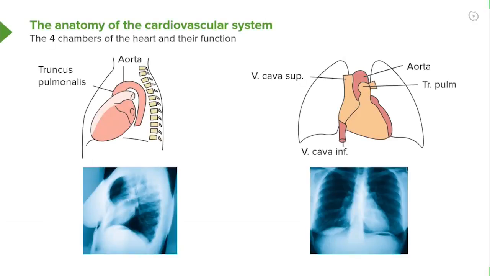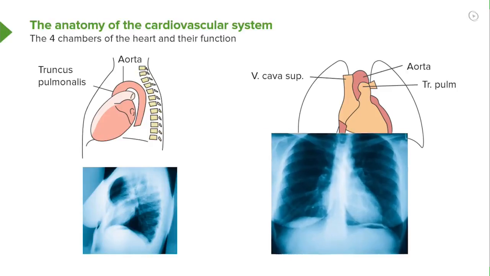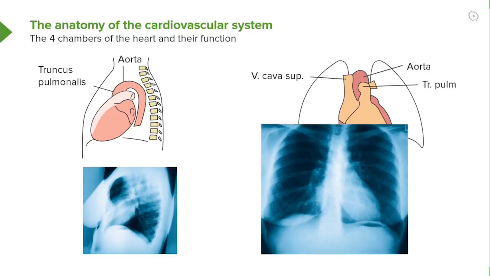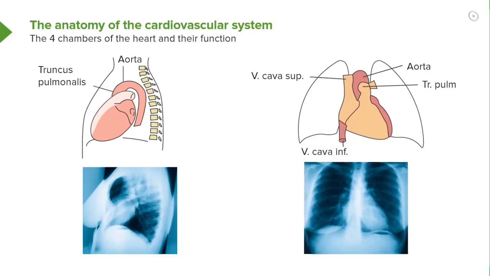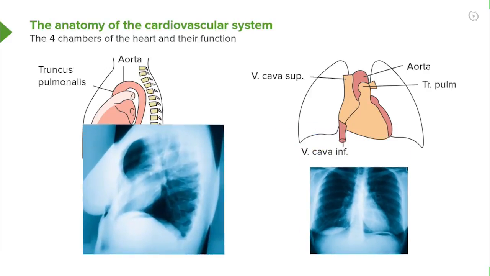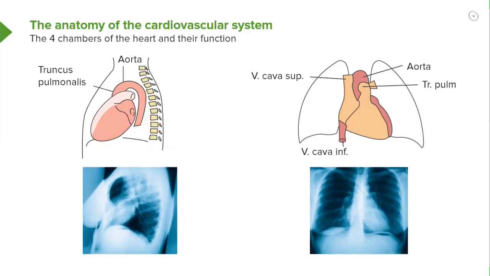Now, here we see the heart diagrammed in comparison to the chest X-ray. You can see on the right-hand side, this is a so-called frontal X-ray like this, and then on the left-hand side, there is a lateral X-ray taken like that from the side. And what you can see are several things.